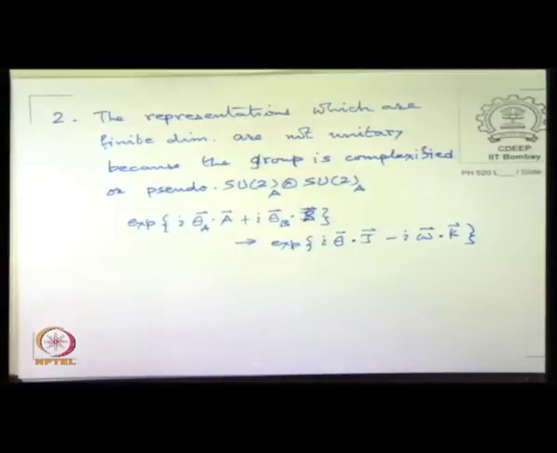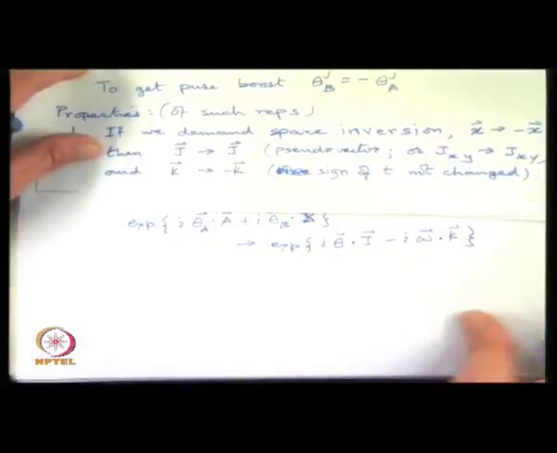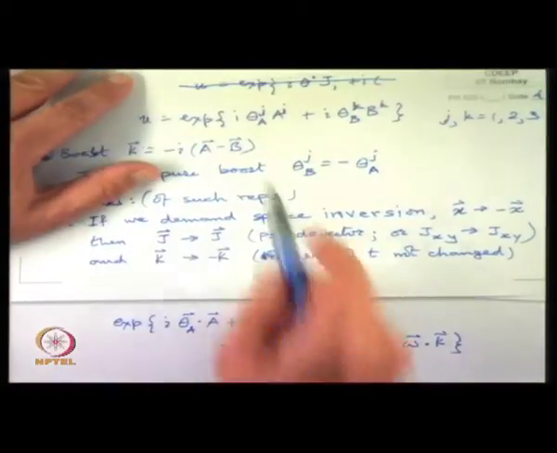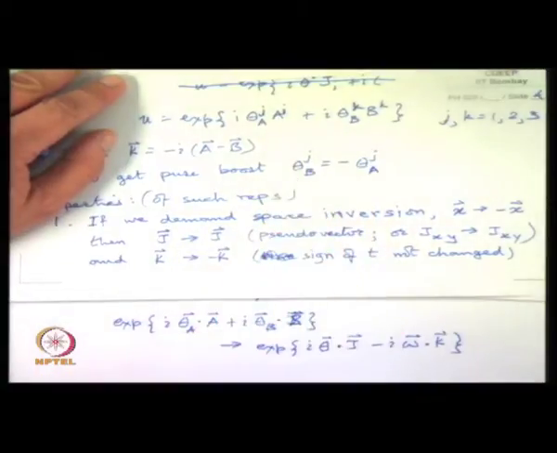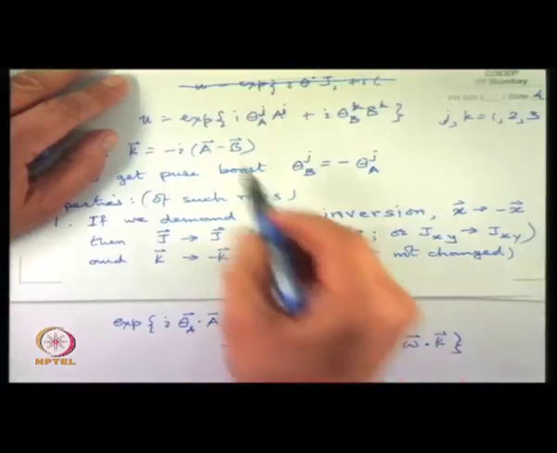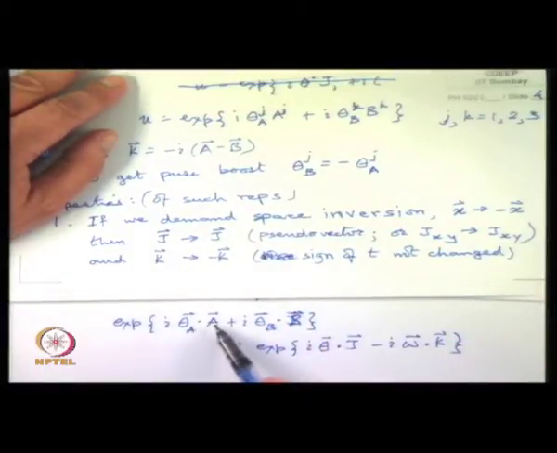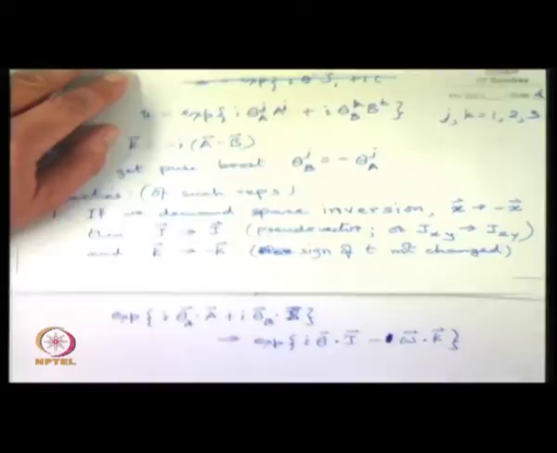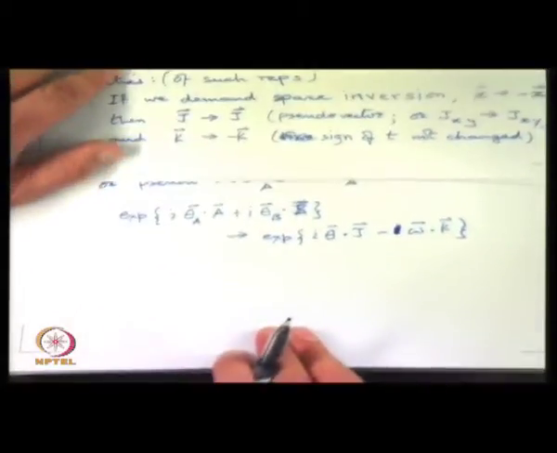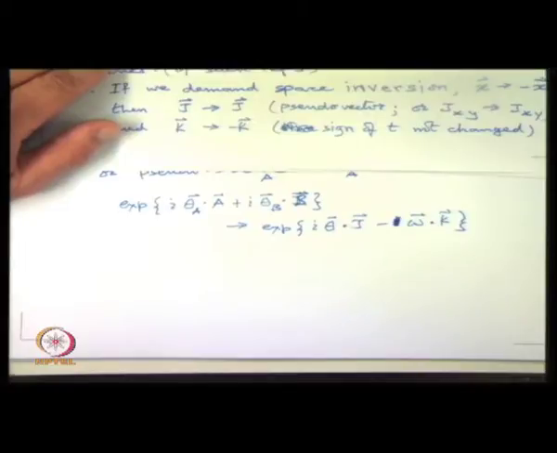That is what it would become, because if we put A equal to, so let us just take a look. So if we put A equal to J plus, so there is no i here. A will have J plus iK. So that i times this i will make it only K. So there will be no i here. It will be like this, with theta and omega both real, okay, but K anti-Hermitian.